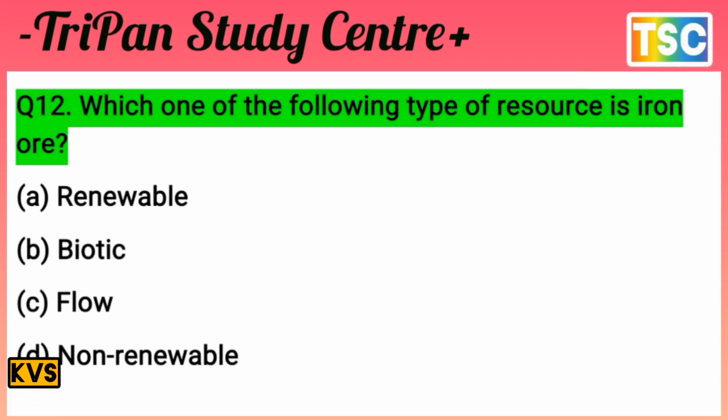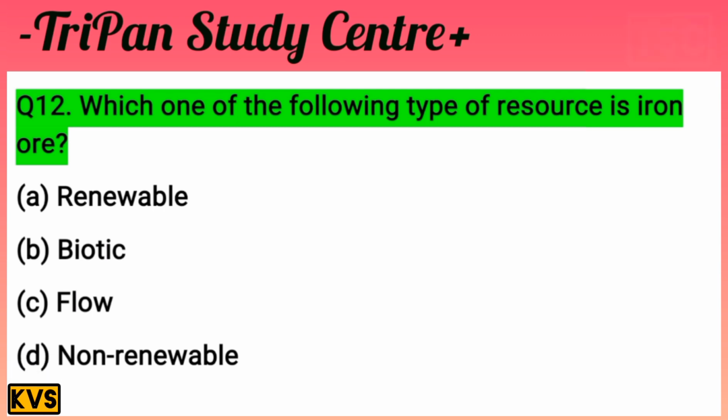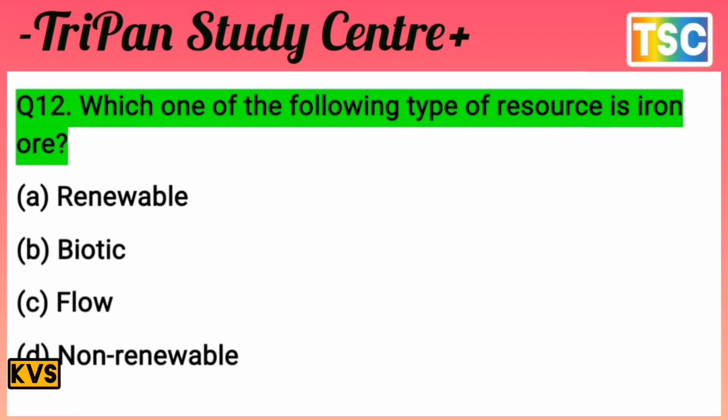You must have thought of your answer. Let's see what our answer is. That's important. Iron ore is not a renewable resource, so the first option is rejected. B, biotic, is not right either. Biotic means a living thing, and iron ore is not a living thing.